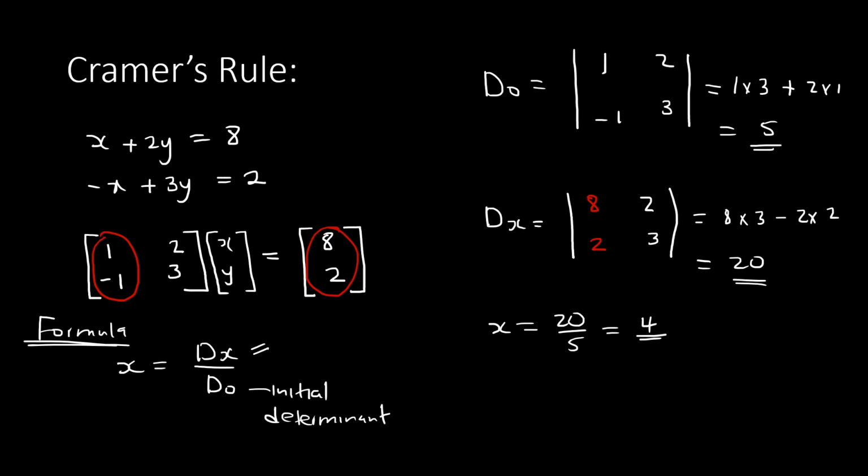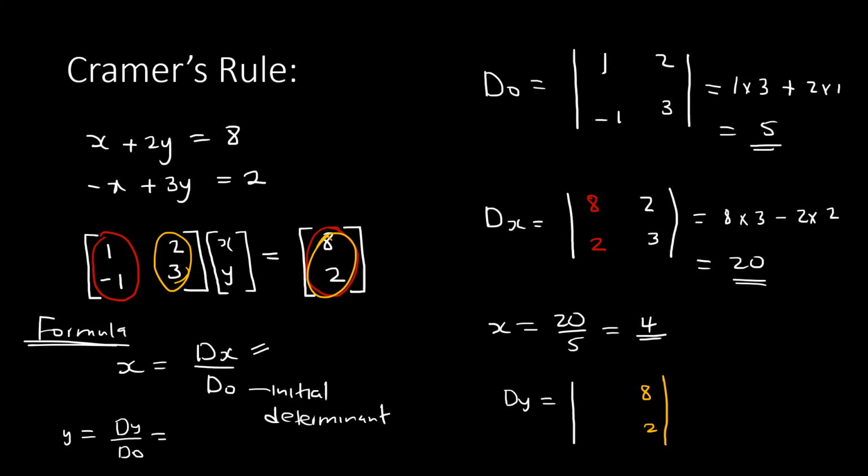You see? The same thing, if I'm looking for y, my y will be what? It will be the determinant of y over the original. The original, I don't have to calculate it again. It's the same one, it's 5. But now I can calculate the determinant of y. What must happen? I must replace y there. I must replace y with my answer there, which means my y column I'll replace with 8 and 2.